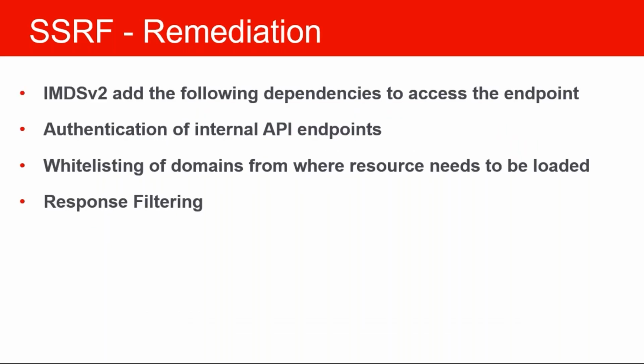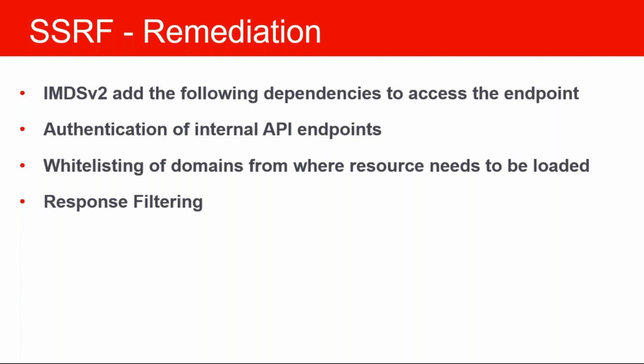So how do you remediate SSRF? The latest and best practice, if you're running an AWS instance, is to look at the new Instance Metadata Service version 2, which requires you to send a request header as well in the request for fetching the security credentials.